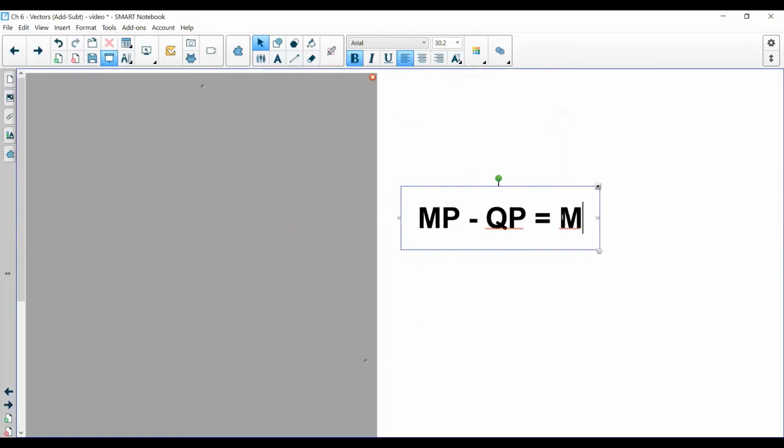So negative QP is the opposite of PQ. So I should be able to do this. And then the result would be MQ.